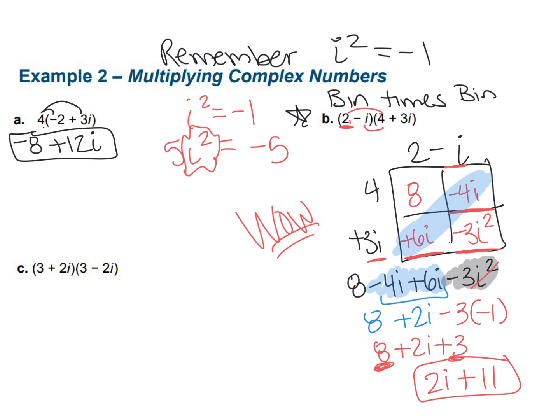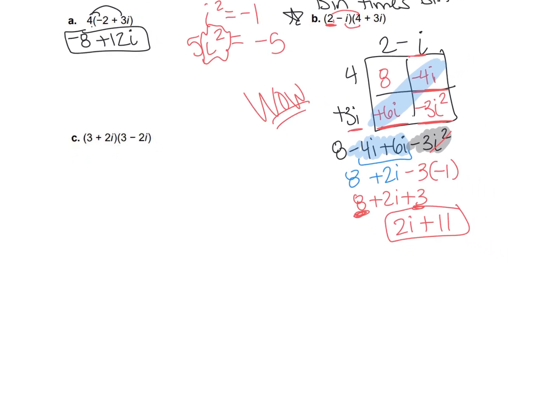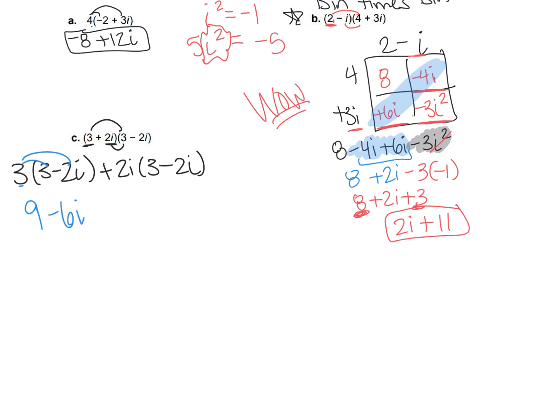Okay, so let's try letter C. And I will do the distributive property this time. So I'm going to do 3 times all of this. And then I'm going to do 2i times all of that. So I'm just applying the distributive property. So 3 times 3 is 9, minus 6i plus 6i minus 4i squared.